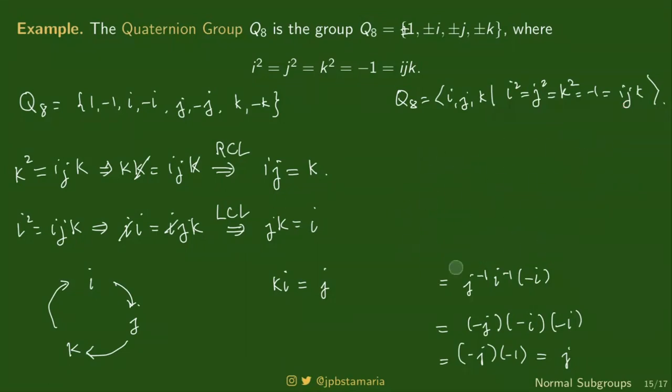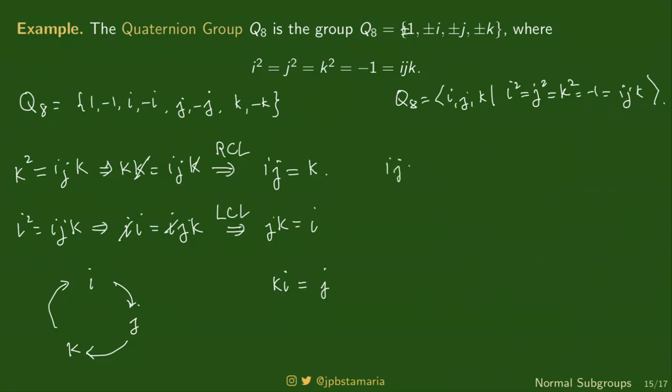Let me erase this. Tignan naman natin, sir, yung JI. Ano yung JI, sir? Ang IJ kasi ay K. Remember, you wanted JI, no?